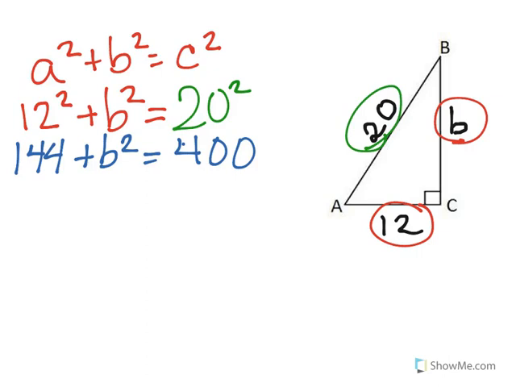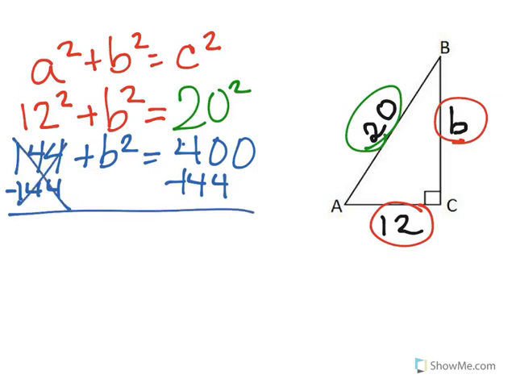While there isn't an addition sign in front of that 144, it is a positive 144, so the opposite would be to subtract 144 from both sides of the equation. That's going to zero out the one side, and when we subtract 144 from 400, we get 256.